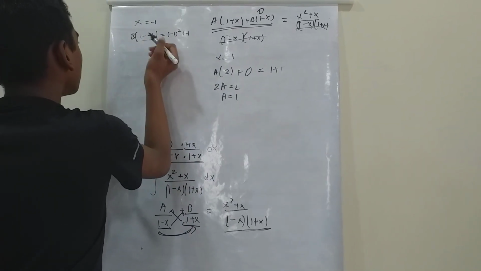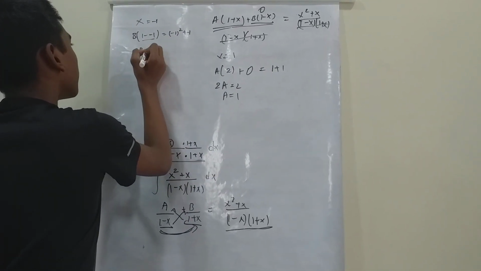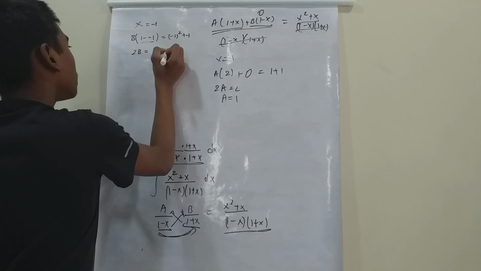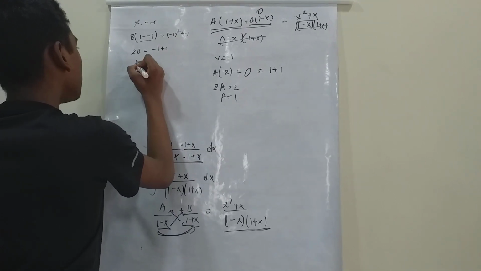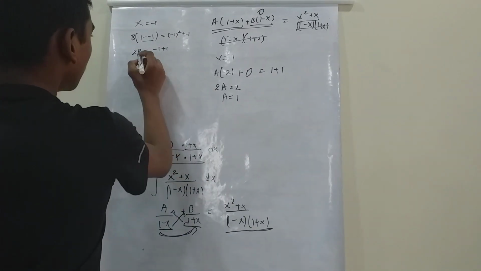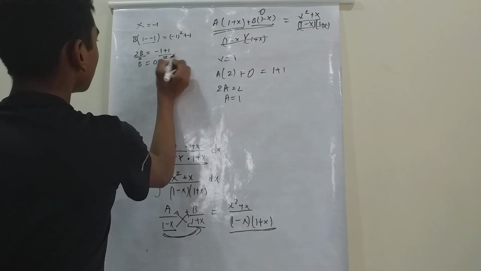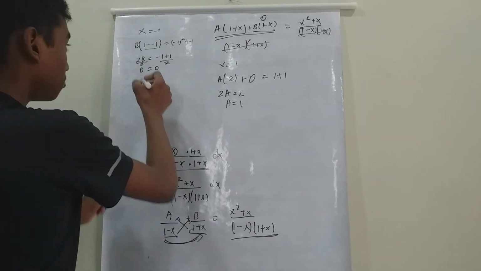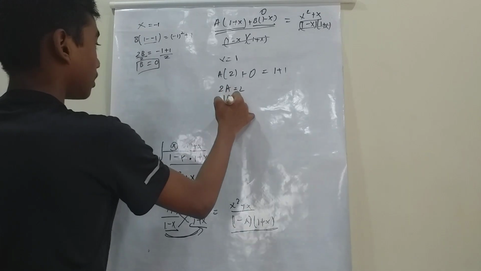So this equals 2, so 2b equals 1 minus 1, which is 0. So b equals 0 too. When I divide 2 on both sides, I get 0. So that's b, and that's a.